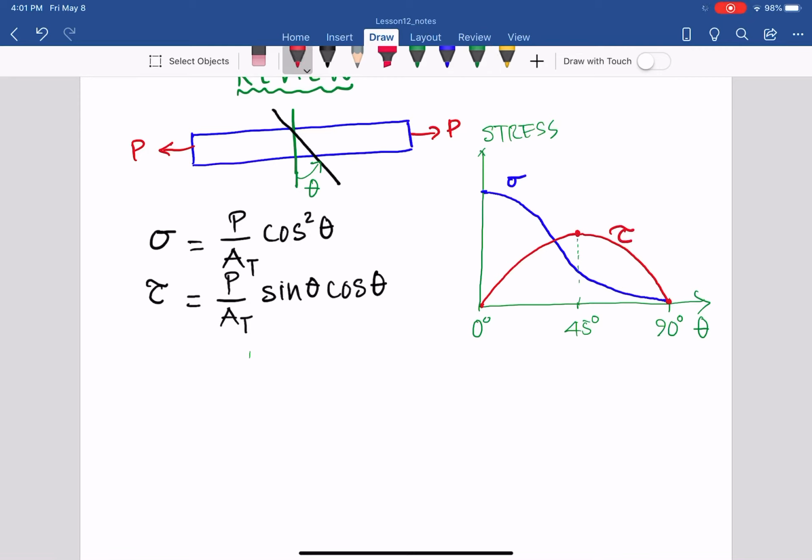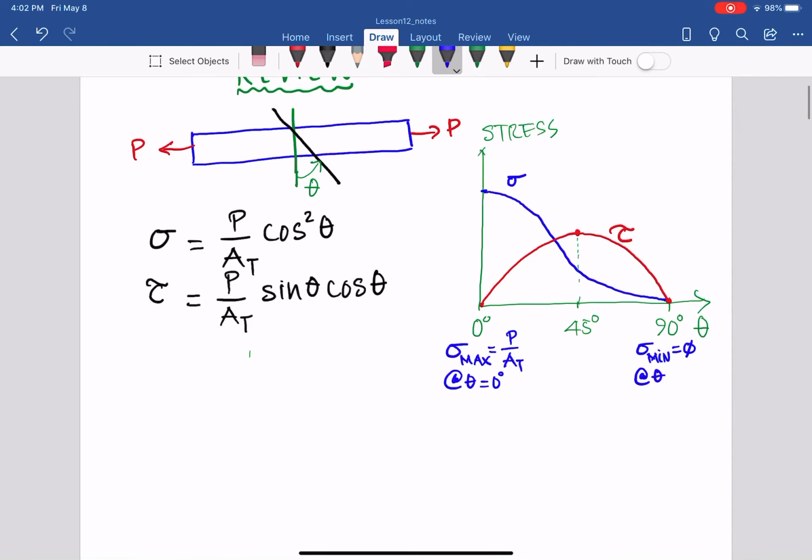So let's make a few notes here. Sigma max will be reached at angle theta equal to 0, so in this case equal to P over AT at theta equal to 0 degrees. And then also sigma min, it means 0, and you can see that at the angle theta equal to 90 degrees.